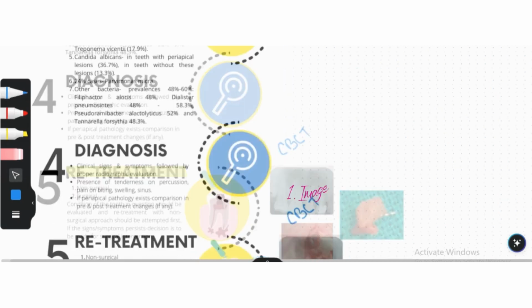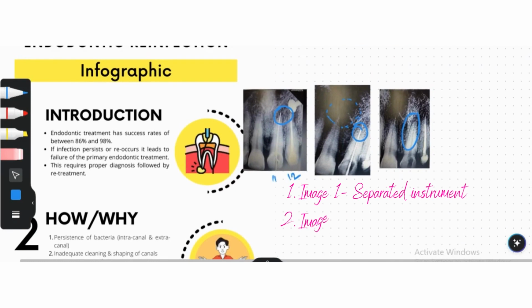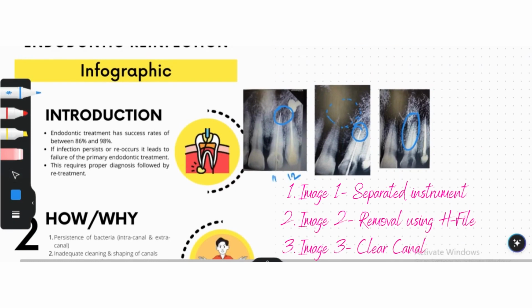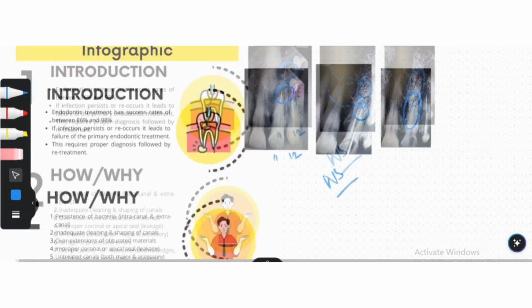The first one that I had shown, in this case you can appreciate that there was an extruded instrument, then this was removed using the file, and in this you can appreciate the clean and clear X-ray of the canal. So this was the non-surgical approach, wherein we decided that it was possible to retrieve the separated instrument and head on with our routine endo treatment, as we usually do.